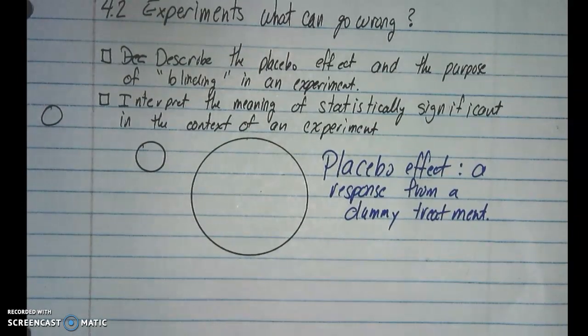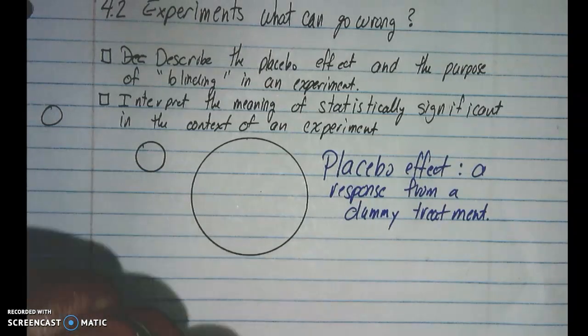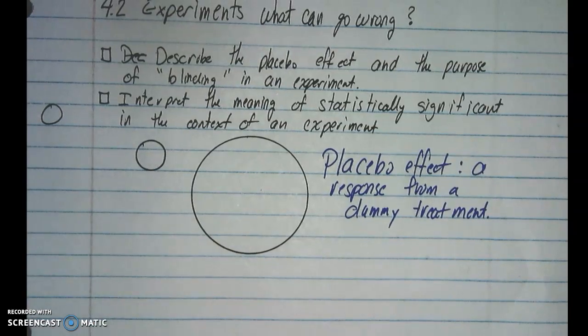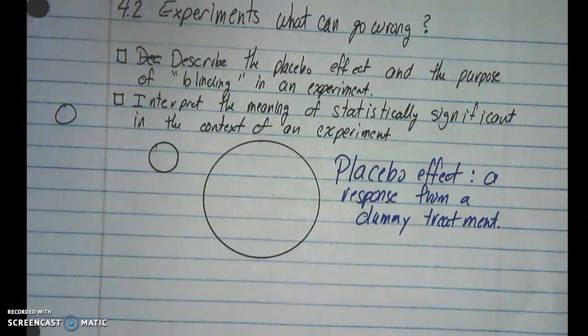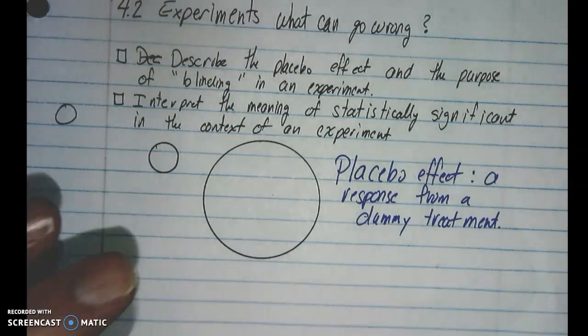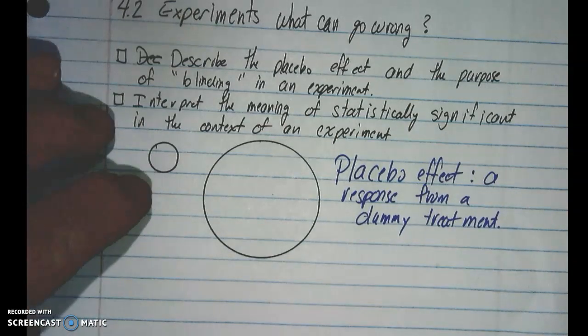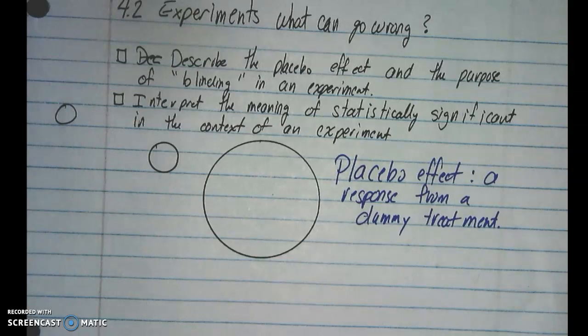They took the dummy leaf and rubbed it on the left arm and said it was poison ivy. Then they took a poison ivy leaf and said that this was a normal leaf. Both arms reacted with a rash, but people were scratching the left arm because they were told that one was the poison ivy, even though the right arm had the poison ivy. So that's a great example of a placebo effect.